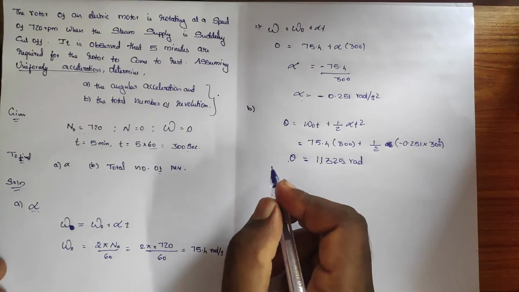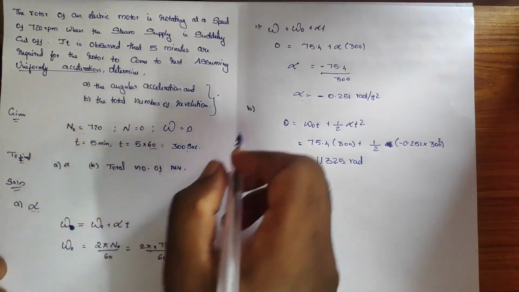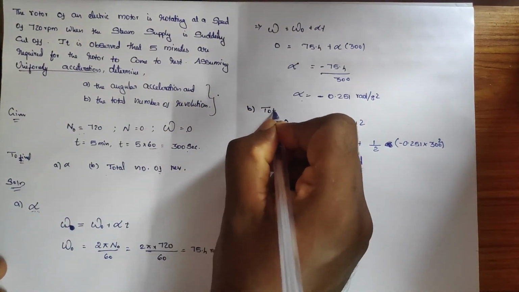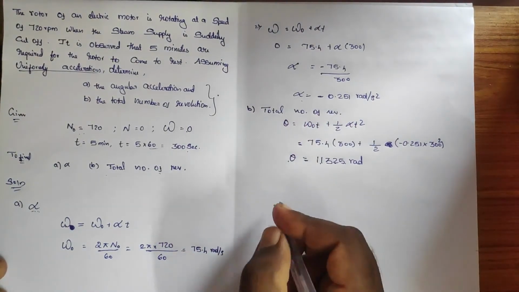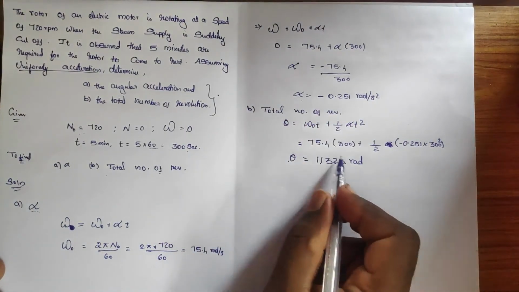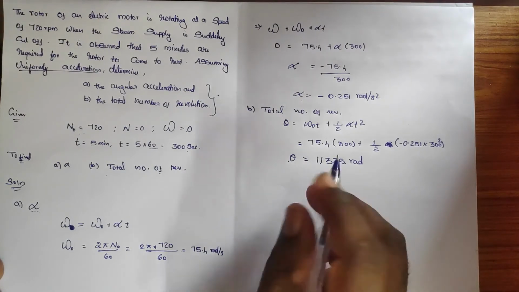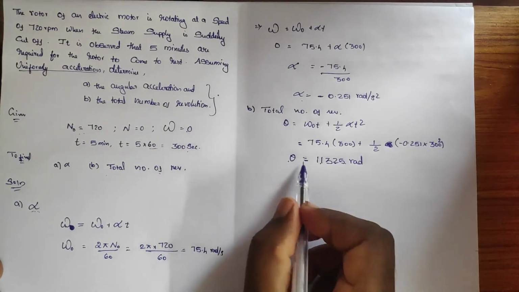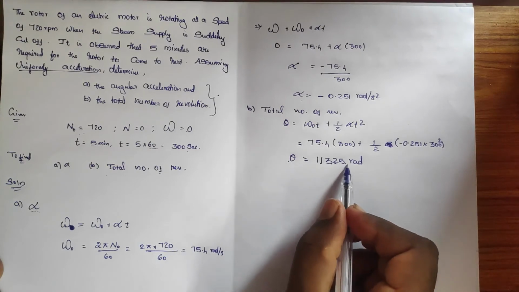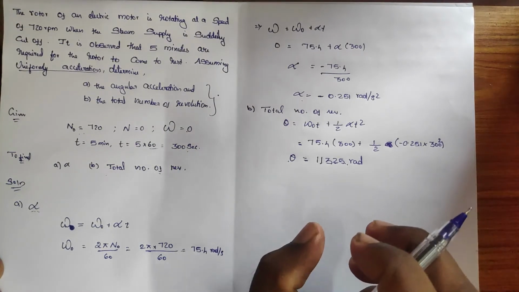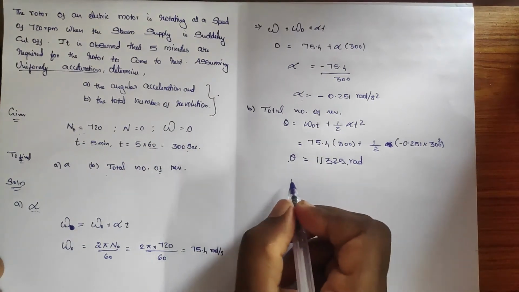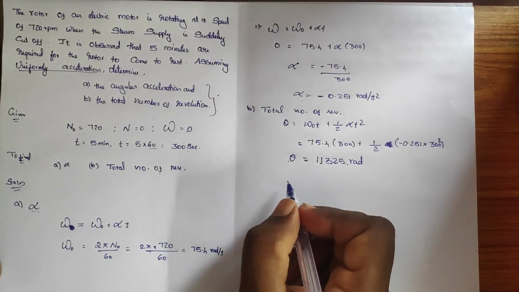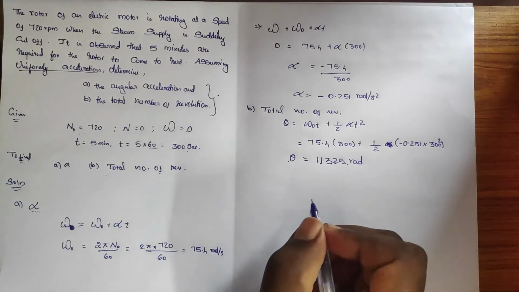Here our requirement is the total number of revolutions. How will you find it? The entire angle of displacement is 11,325, so to find the total number of revolutions I divide it by 2 pi.